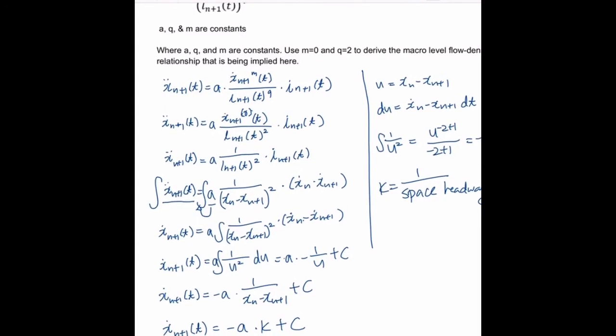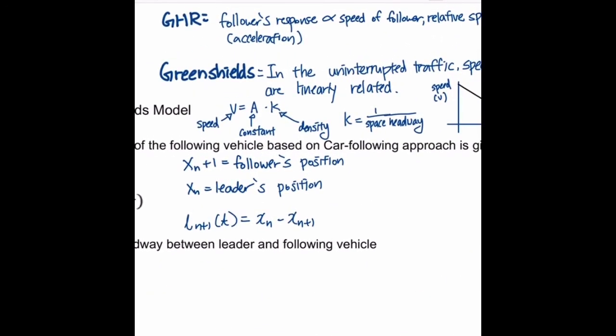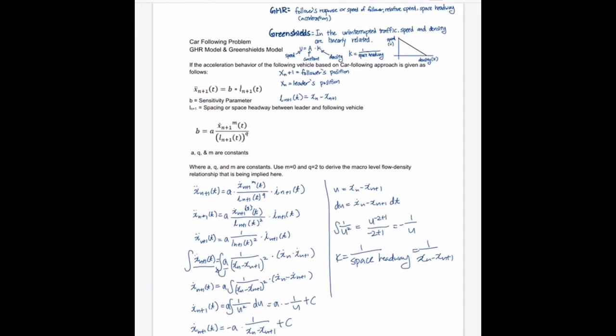So this shows that the speed of the follower equals the constant negative A times the density k plus a constant. And if you look back, this shows the Greenfield flow density relationship. It is the same thing as here, which is v equals a times k, speed equals a constant times density k. And that's how you derive the Greenfield model from the GHR car following model.